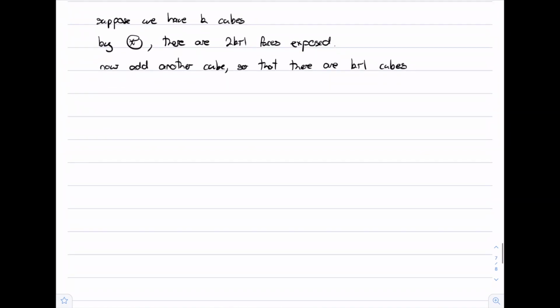So how do we word this so that the marker really understands? So we add on another cube so that there's k plus 1 cubes, and I would probably say something of the following.